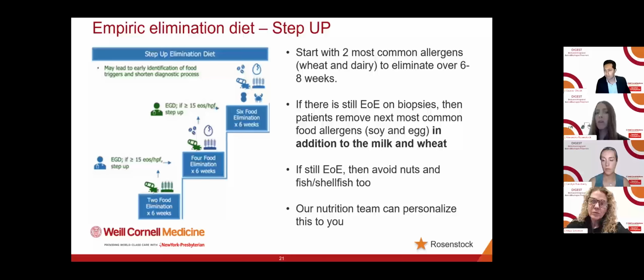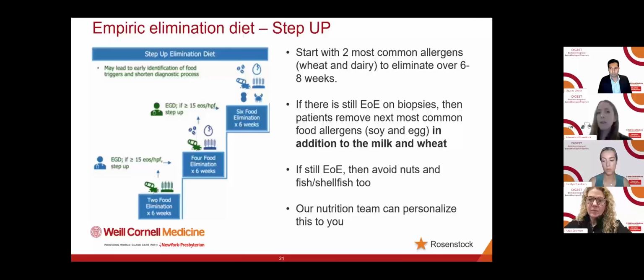With this approach, we potentially could have fewer endoscopies, because if they get remission from just eliminating wheat and dairy, then we only have to reintroduce those two groups. That cuts down the process a bit, but it can end up being just as lengthy as the original process.